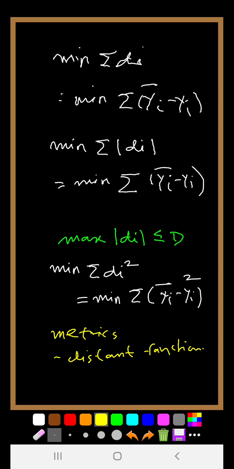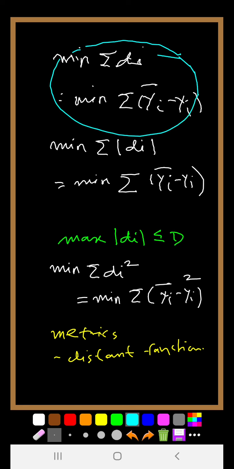Now this metric is immediately rejected, as large deviations which are equal but of opposite signs can cancel.